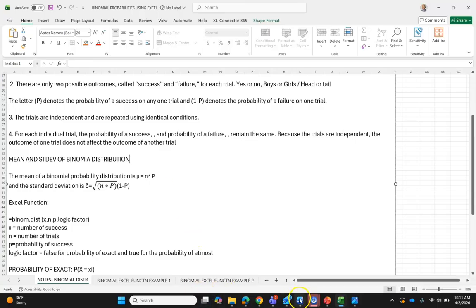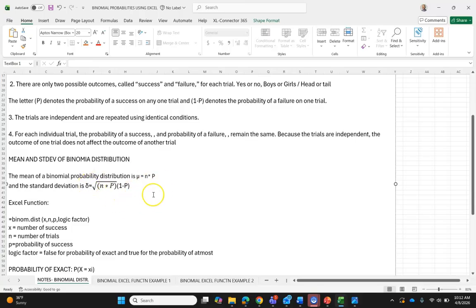And the standard deviation of the binomial distribution will be the square root of n times probability of success times 1 minus probability of success, which is the probability of failure.